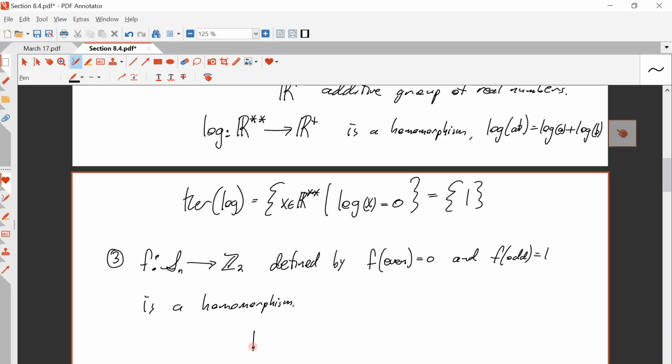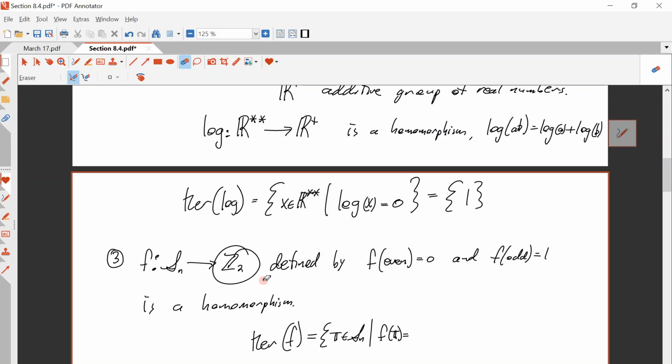Right? And the kernel of f is equal to what? Well, it's the set of all pi in Sn such that f of pi is equal to the identity of the range. This is, again, a multiplicative to additive situation, so it's 0.